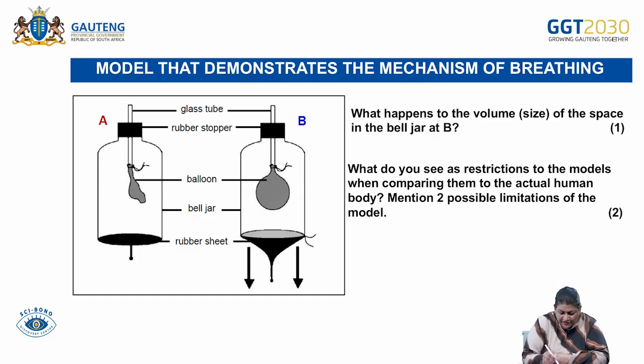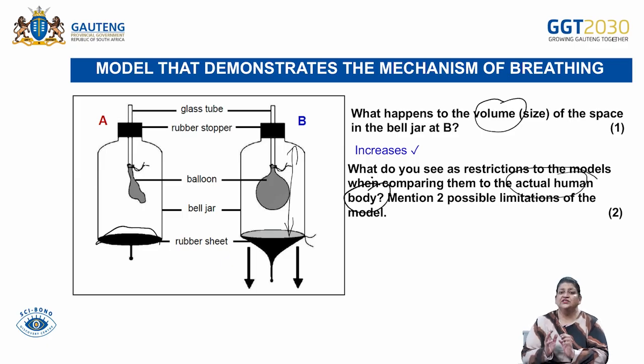Because the diaphragm moved down, compared to this one where it's up, the top-bottom volume is more. So, therefore, the volume is going to increase at B where there's inhalation. It will increase.